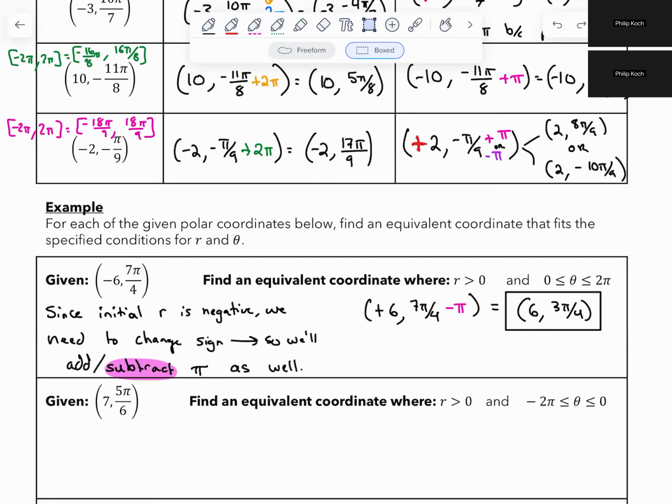This one. We're given 7 comma 5 pi over 6, and we want an equivalent polar coordinate where r is greater than 0 and theta is between negative 2 pi and 0.